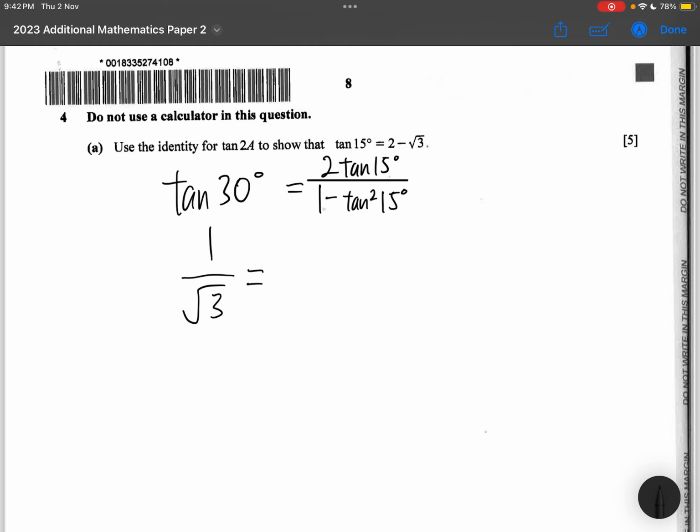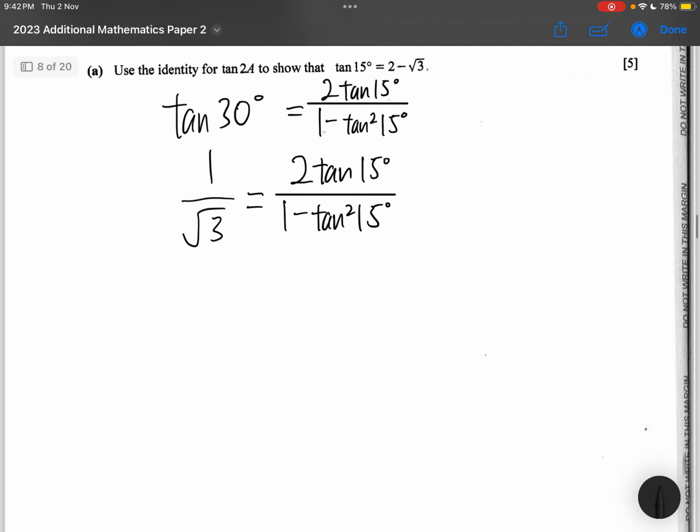And if I recall for my special angles, tangent 30 is 1 over square root of 3. You can always type into your calculator to verify if that is right. It is 1 over square root of 3. Great. So it will be 2 tangent 15 degrees over 1 minus tangent squared 15 degrees. What I can do is cross multiply.